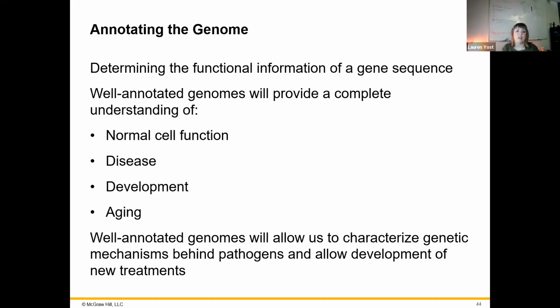So well annotated genomes can let us see what normal cells would be doing, what ones look like they would be causing disease, what mutations are involved in causing a given disease or susceptibility to disease, development overall, aging, and then declining health as we get even older. So this can give us a greater understanding of the human body itself.